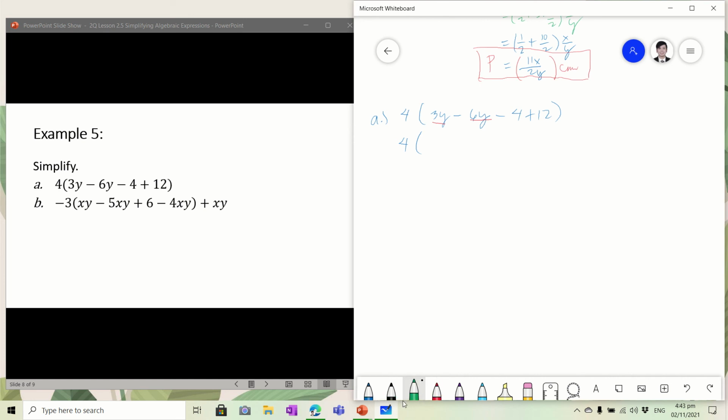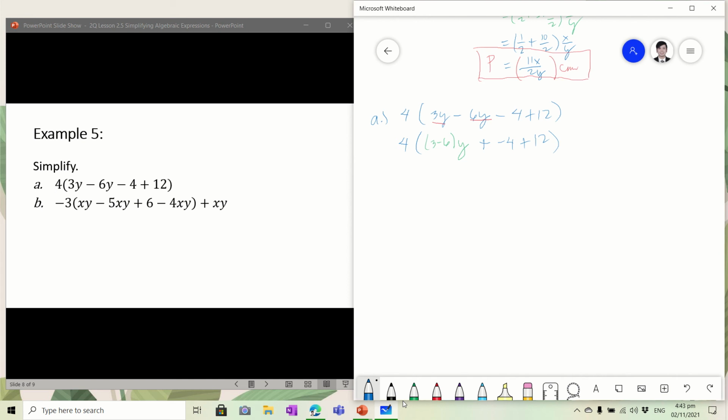So copy the y, and then that's 3 minus 6. And then here, we have minus 4, but we can think of it as plus negative 4 plus 12. And both of them are like terms because they are both constant terms.